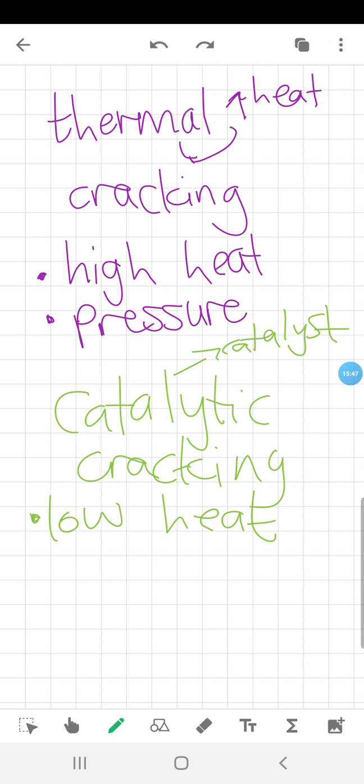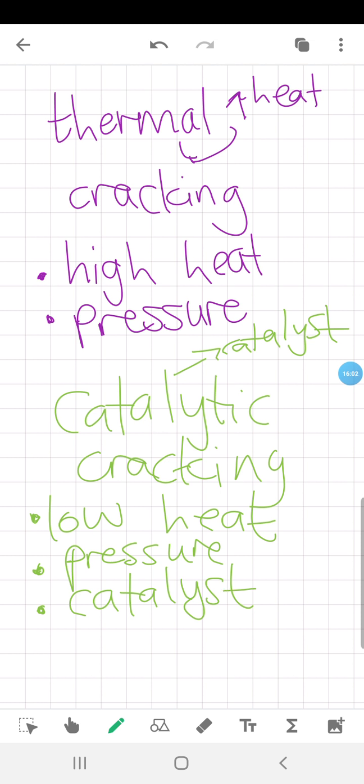Only in catalytic cracking do you use low heat, but you still apply pressure because we need to exhibit some form of strength in order to remove something. And lastly, you use a catalyst. Why? Because it's catalytic cracking, so it's telling you we have a catalyst. And the catalyst will either be platinum or lead or nickel, but not all three.